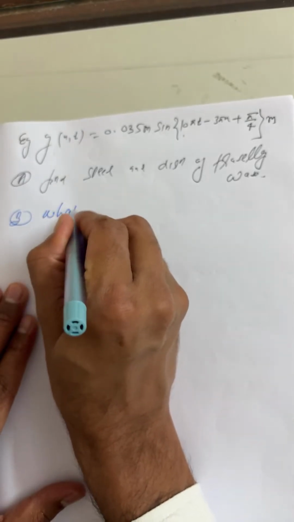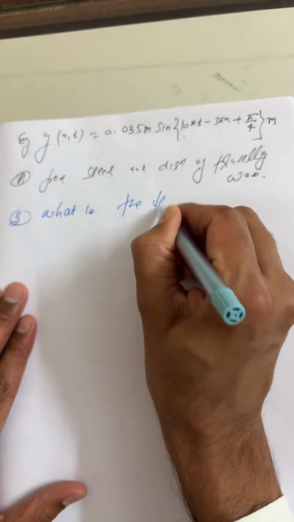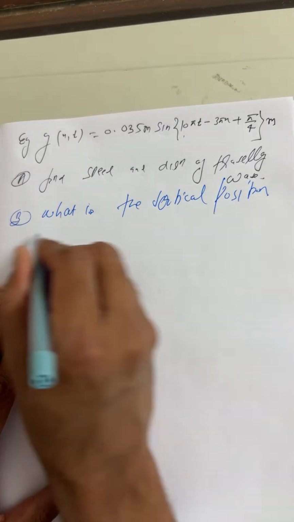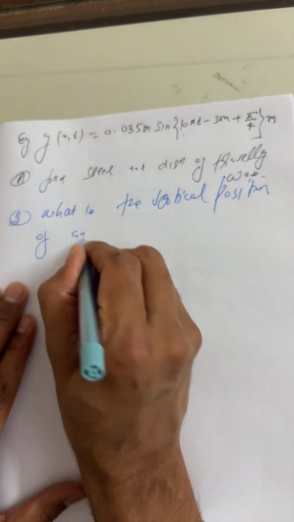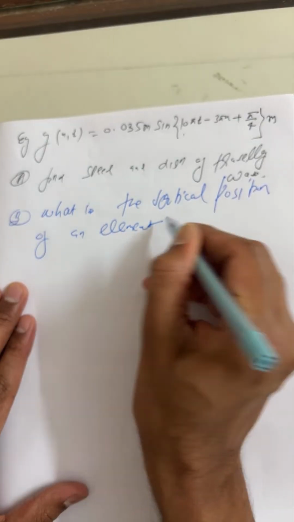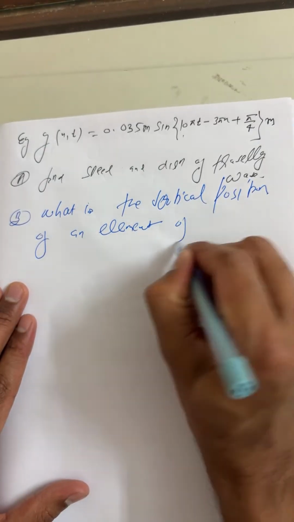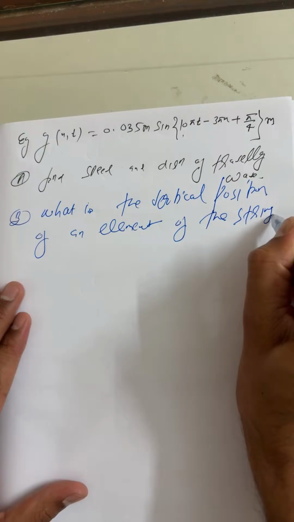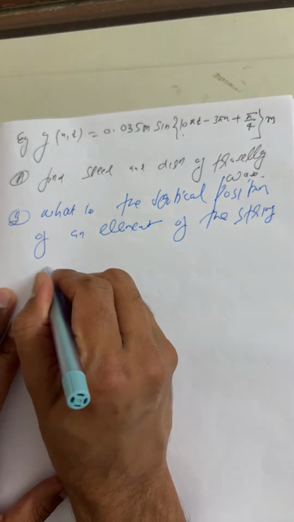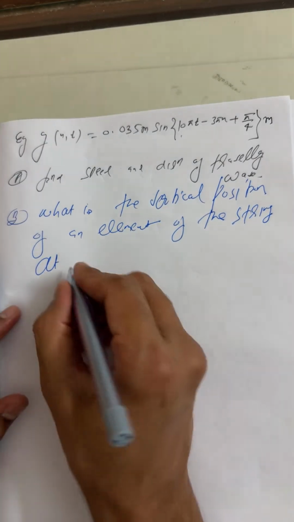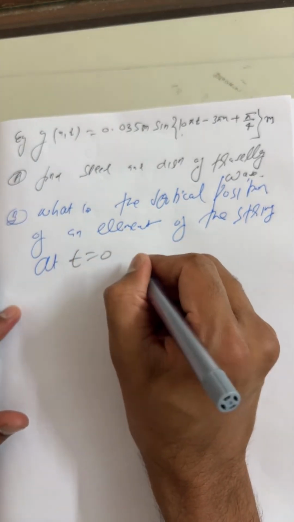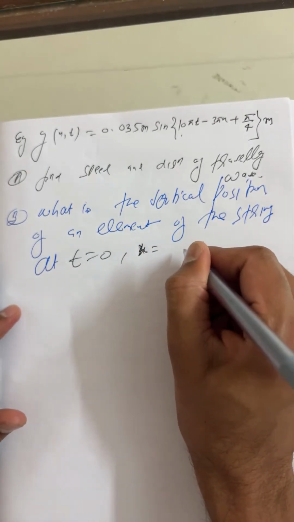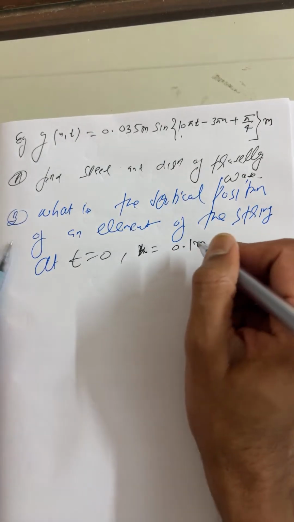What is the vertical position of an element of the string at t equals 0, x equals 0.1 meter?